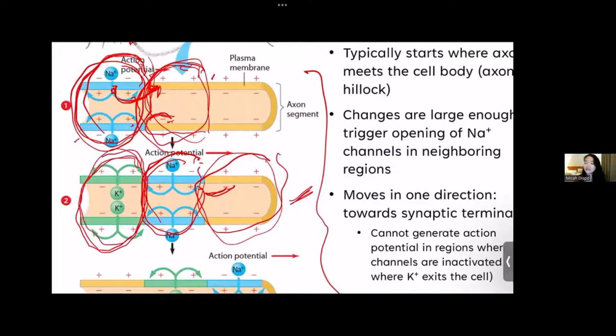Once there is already the repolarization phase, nagko-close or na-inactivate na yung sodium ion voltage-gated channels natin dito. Thus, hindi na pwedeng pumasok ang sodium ions. So, hindi pwedeng mag-trigger ng action potential in this region of the axon anymore. Kaya one way lang ang propagation ng action potential.